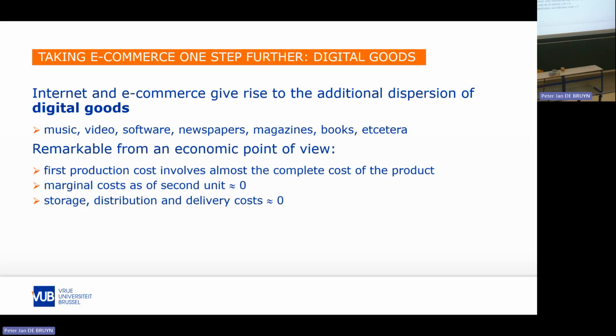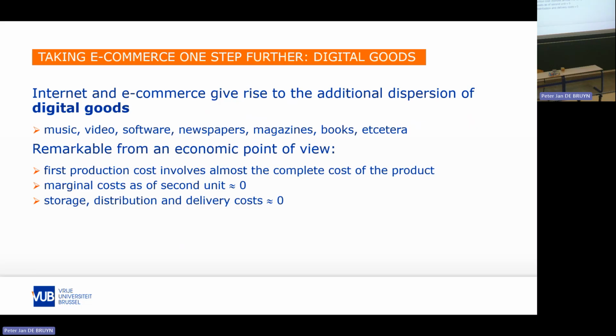But you can also approach them in another way, because they're also, again, from an economic point of view, very, very remarkable. If you have a digital good, a music song, a video, a piece of software, in contrast with a piece of furniture or with a car or like a real physical product, almost all costs are involved in the first production element.